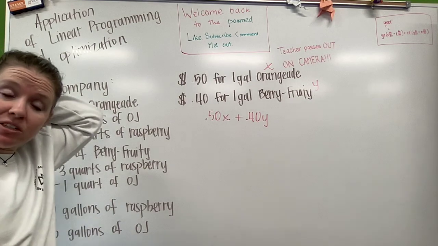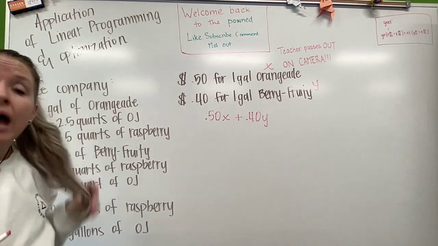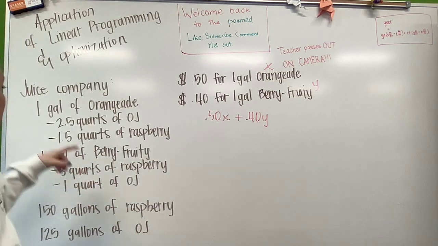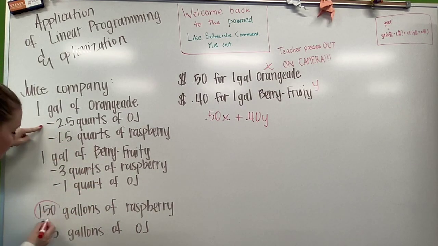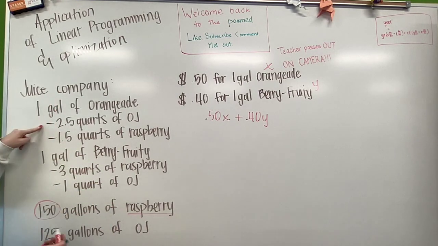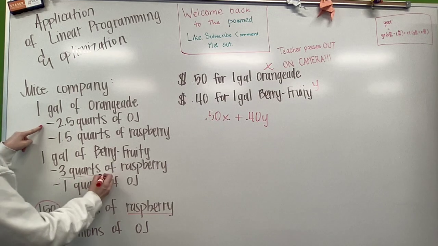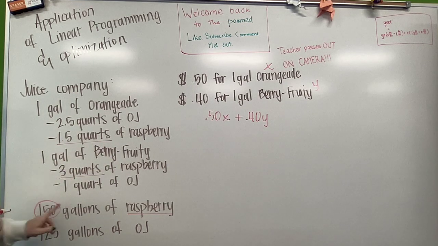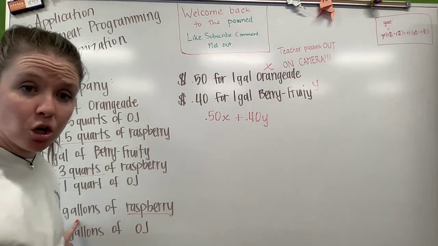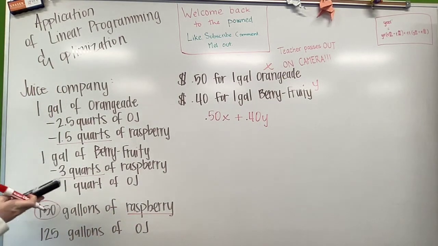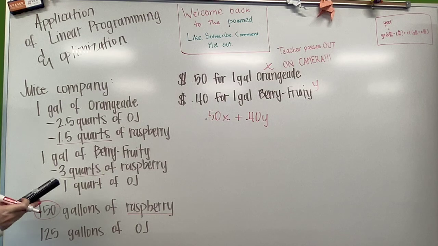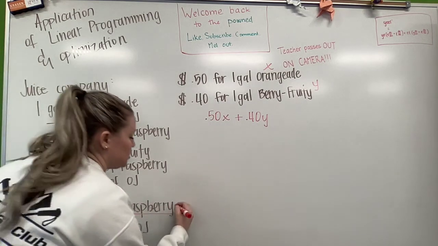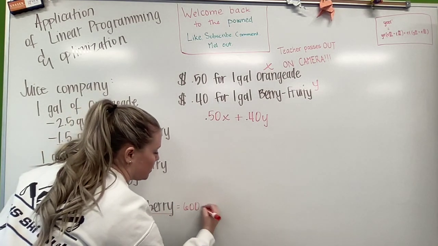Then we have to build our constraints. How do we build our inequalities? If I have 150 gallons of raspberry, where this one takes 3 quarts and this one takes 1.5 quarts, I'm going to convert my gallons to quarts by multiplying by 4. So we have 150 times 4, which is 600 quarts for us.